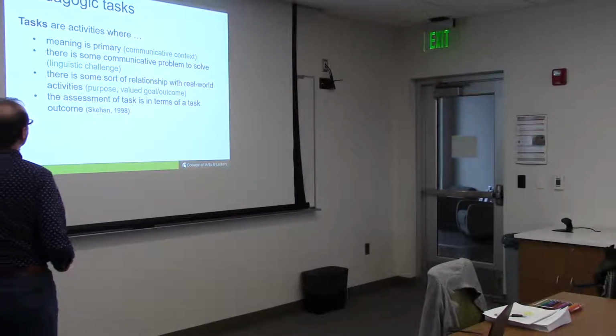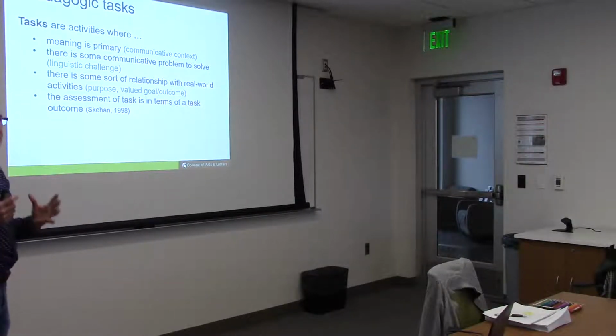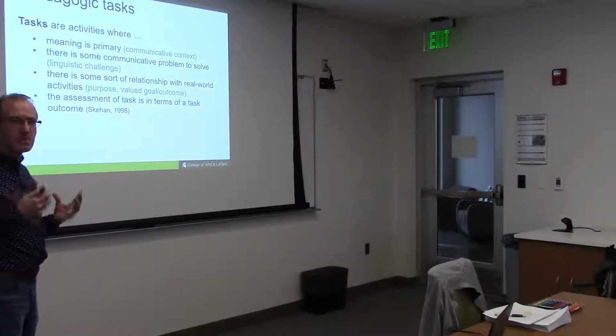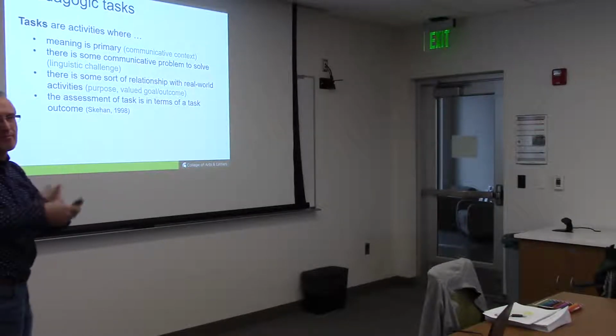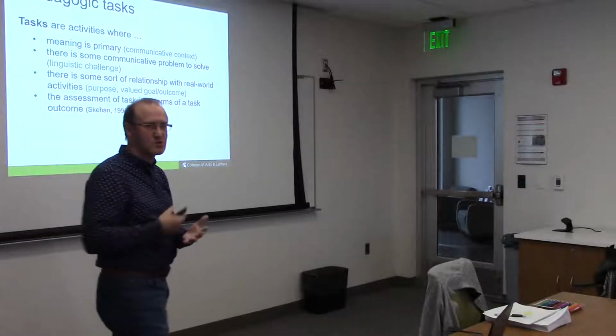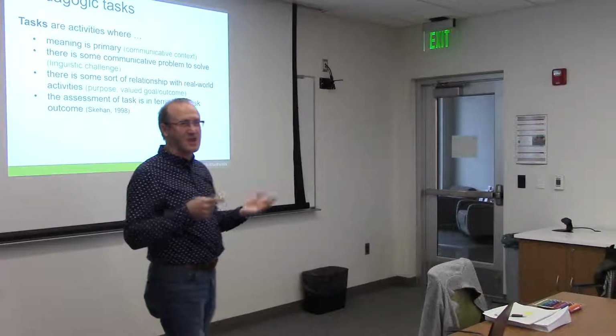And briefly, tasks: what do we consider a task? It is definitely an activity where meaning is primary. So the communicative context is central, and there is a kind of communicative problem to solve. There's a linguistic challenge. We talked about that gap. Rajiv asked the interesting question about I+1.